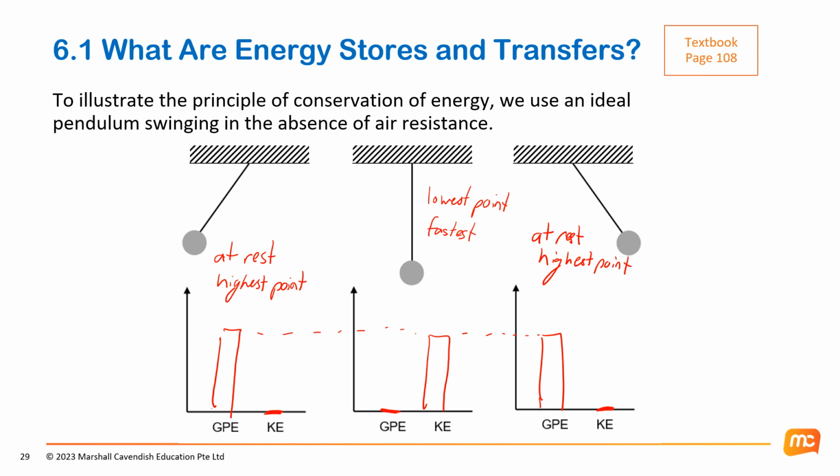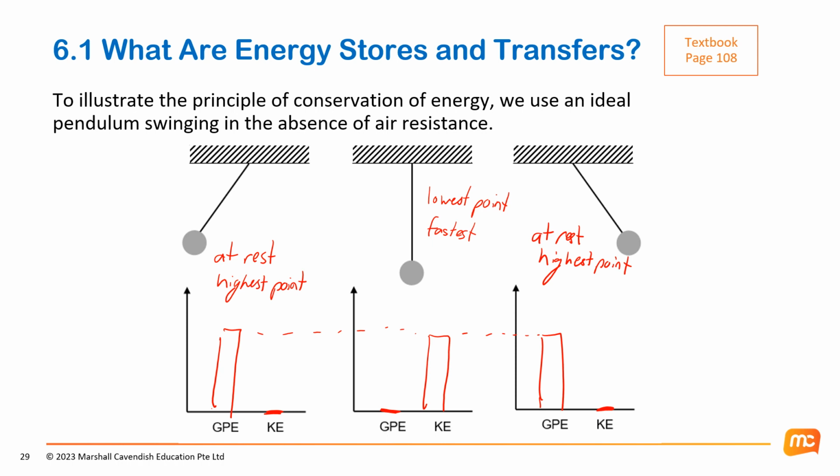So you can see over here that the energy is conserved. It does not change in total. All it's doing is moving from one store to another store back and forth, from the gravitational potential store to the kinetic store and then back to the gravitational potential store. And then as the pendulum returns from the right hand side down to its lowest point, the whole process repeats.